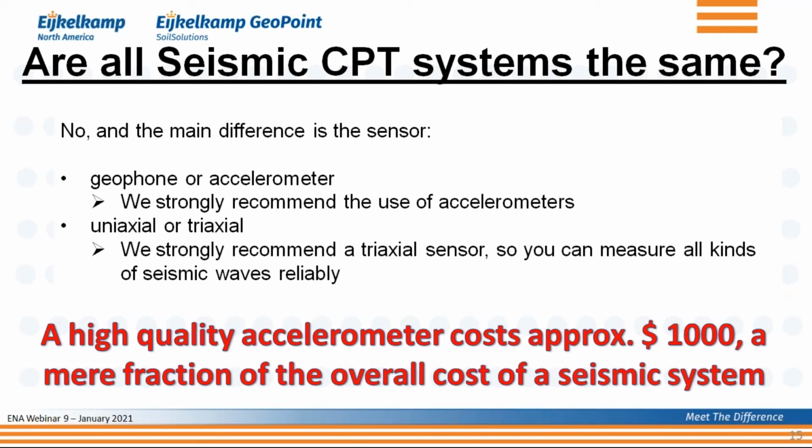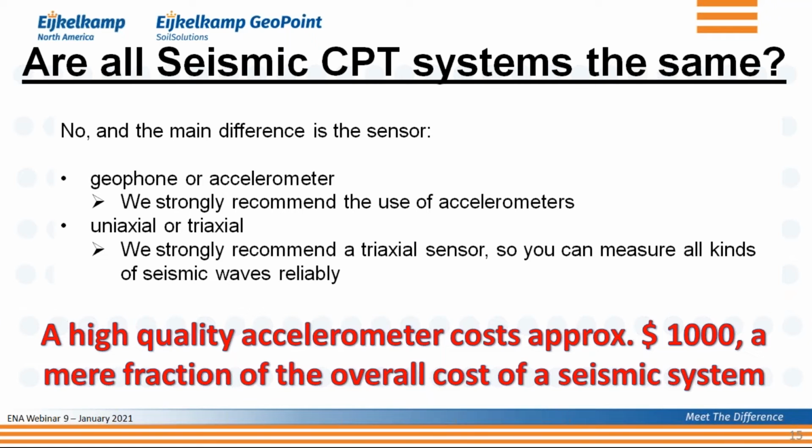Now, the sad thing is that when you are going from a very simple geophone to the highest quality accelerometer, you talk about a cost difference of about $1,000. And that is why we don't understand why not all systems use high quality, triaxial accelerometers, because $1,000 is a mere fraction of the overall cost of a seismic system.